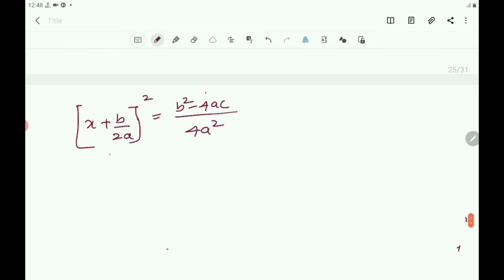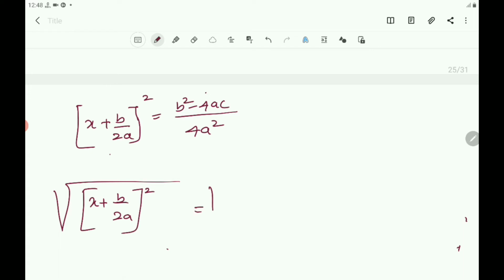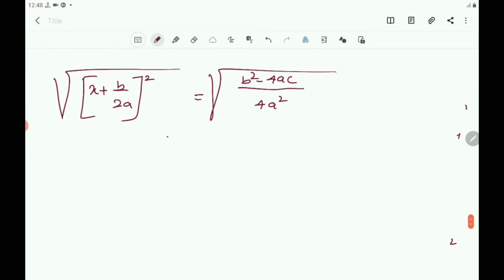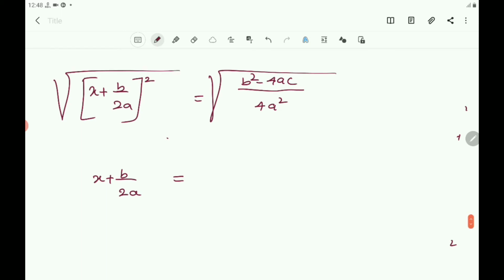So you take the root on both sides. Square root of x plus b by 2a whole square equals square root of b square minus 4ac by 4a square. Then cancel the root and square. What will remain here? x plus b by 2a equals, then you separate the roots for numerator and denominator.